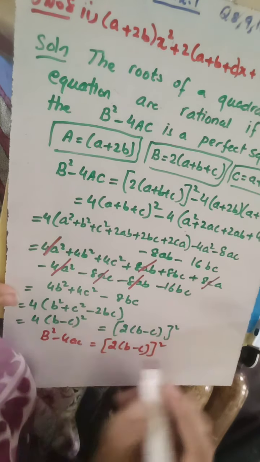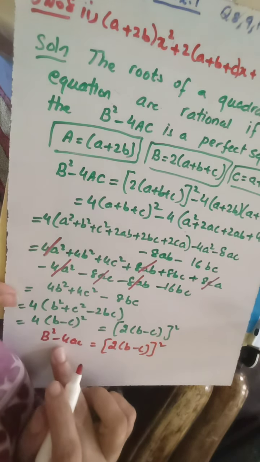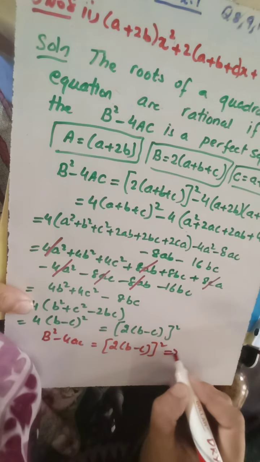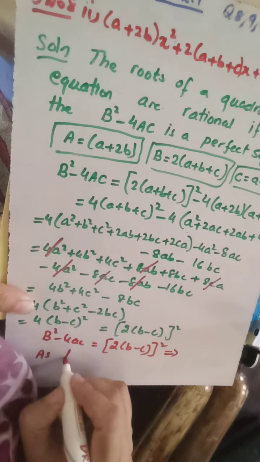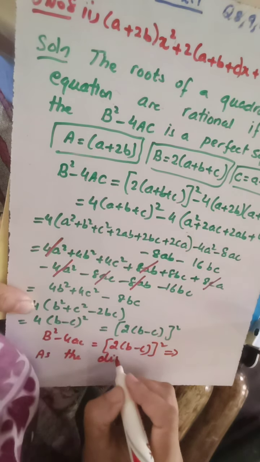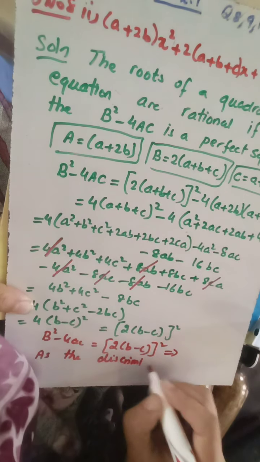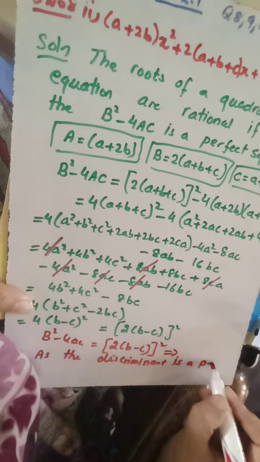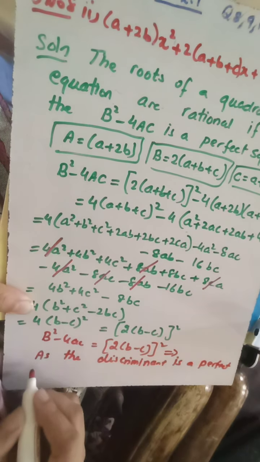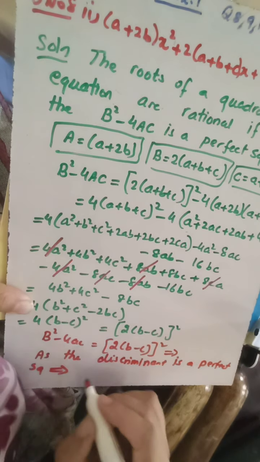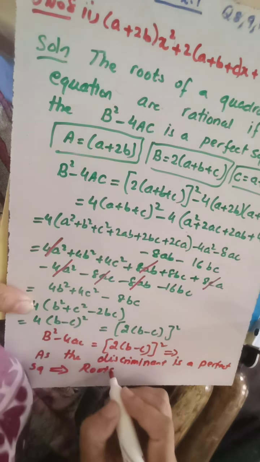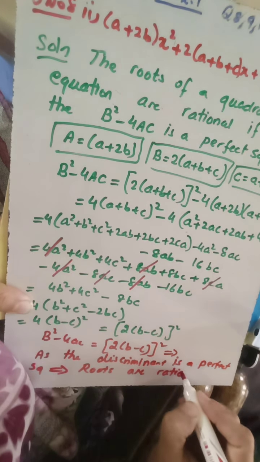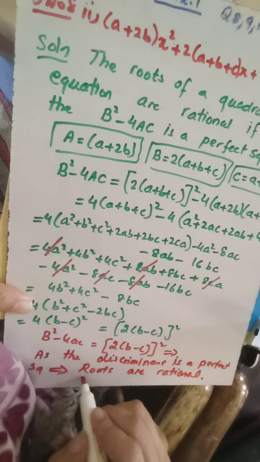As it is a perfect square, this implies that the discriminant is a perfect square, which implies that the roots are rational, and this is what they wanted us to prove: the roots are rational.